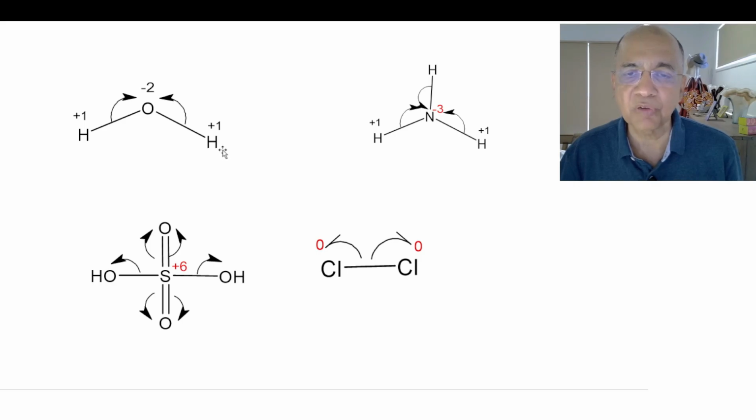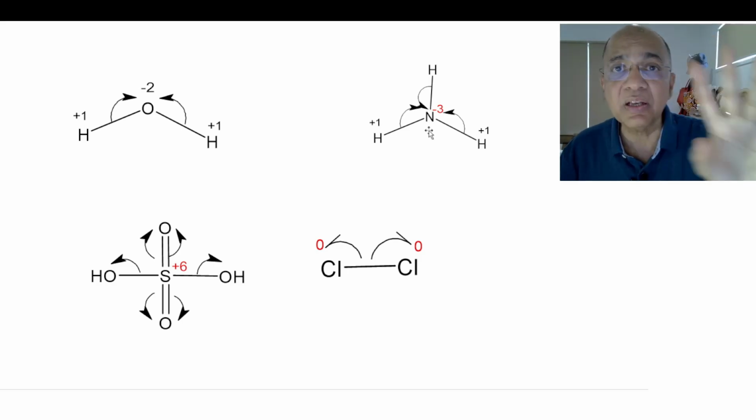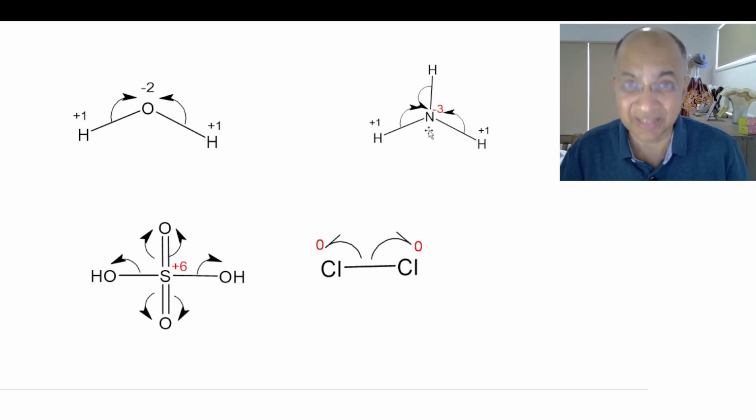So the oxidation number of hydrogen is +1 in each case. Take the case of ammonia. Nitrogen is also more electronegative than hydrogen. So these pairs, 3 pairs, will be transferred to nitrogen. So nitrogen will gain 3 additional electrons, and for that reason it will have an oxidation number of -3. And as usual, each hydrogen will have an oxidation number of +1.